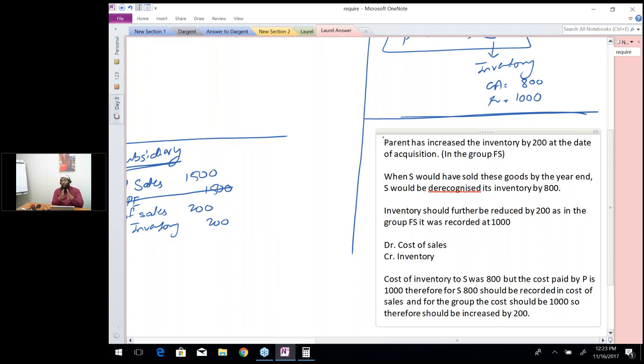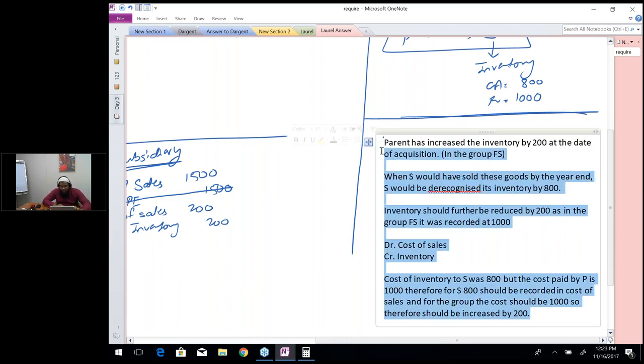So for the group the cost is actually 1000, not 800, but for subsidiary the cost is 800. So subsidiary is recording cost of sales of 800 and the group should record the cost of sales of 1000. That's why we are increasing by 200. Getting the point, Simran? Mahin has got the point, Akbar has got the point. Oh, good. That's good, Simran.